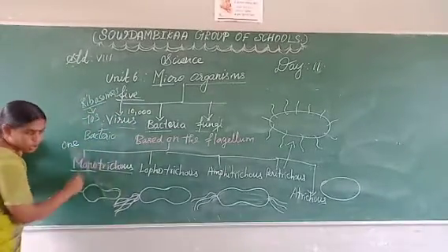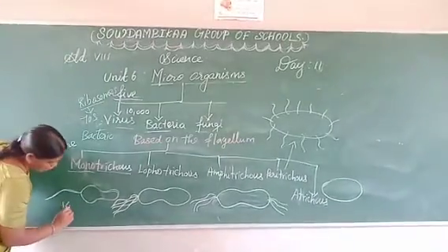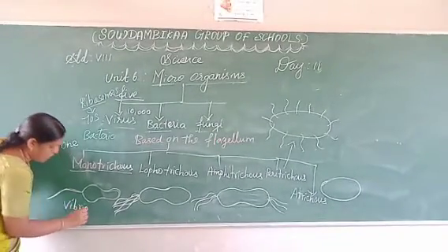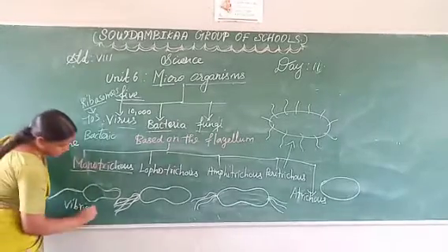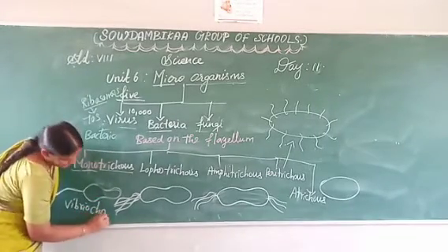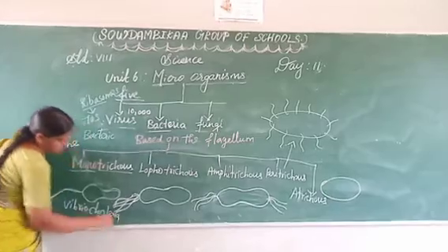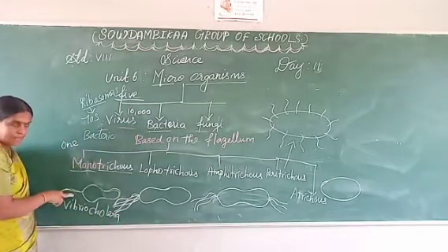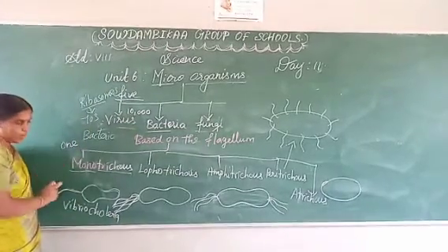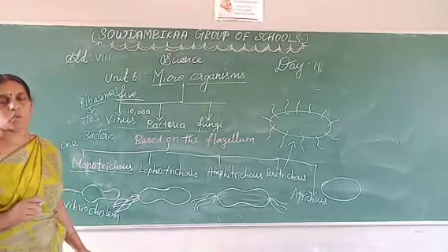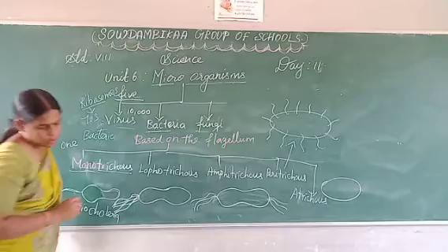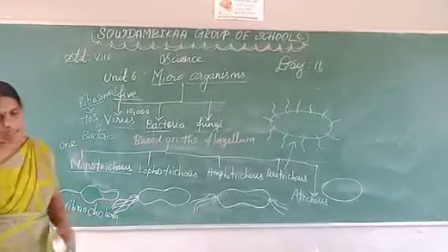Monotrichous: Vibrio cholerae, which has only one flagellum at one end, and Pseudomonas.